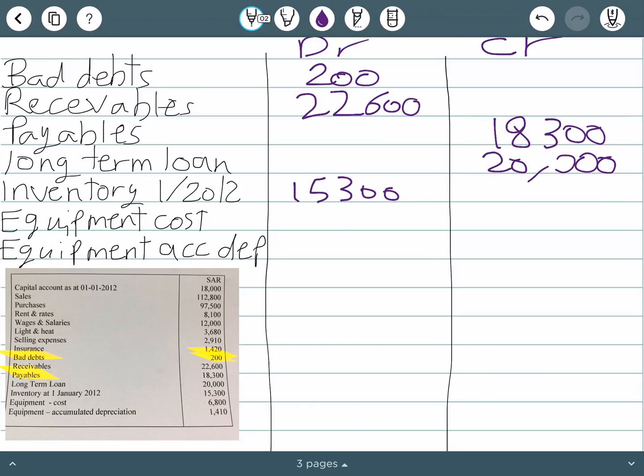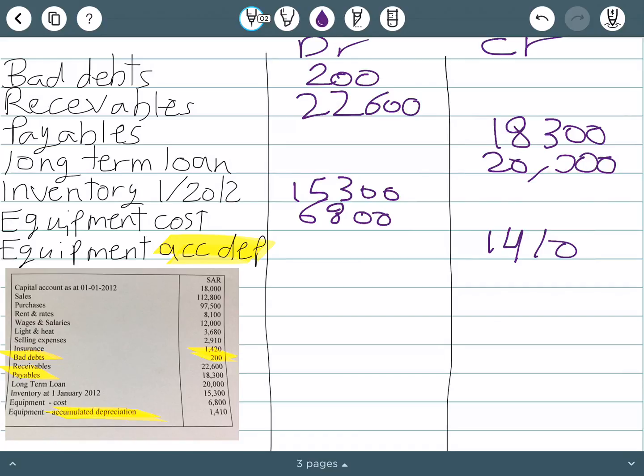Equipment cost is 6,800 because it's an asset. Also we have accumulated depreciation. Always, always, always, once you see accumulated depreciation, it is on the credit side. 1,410.